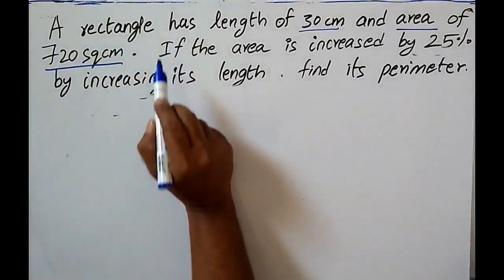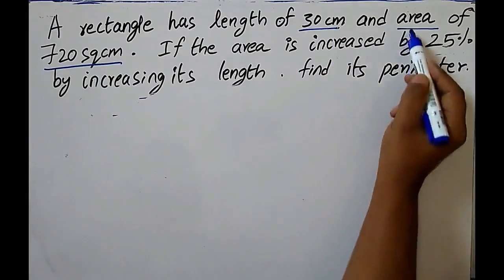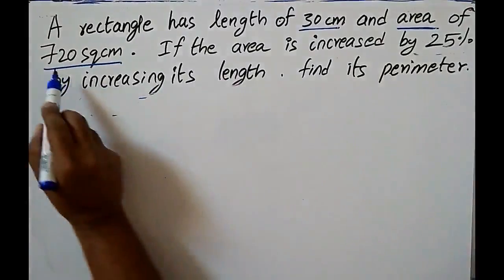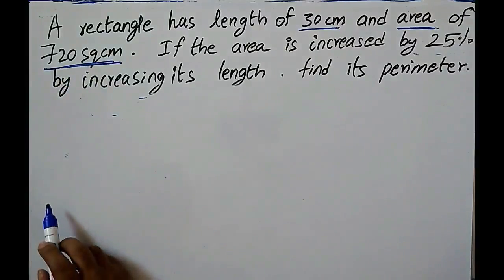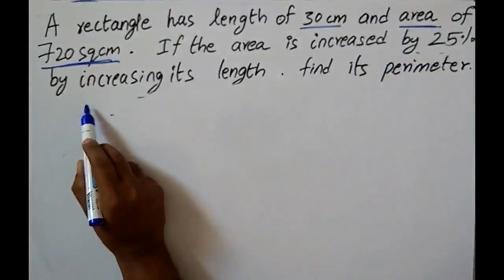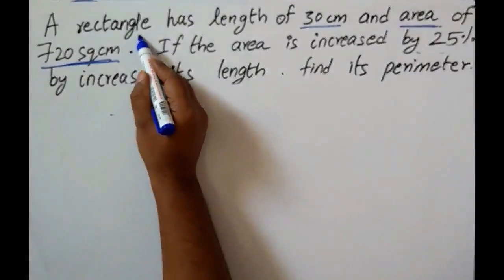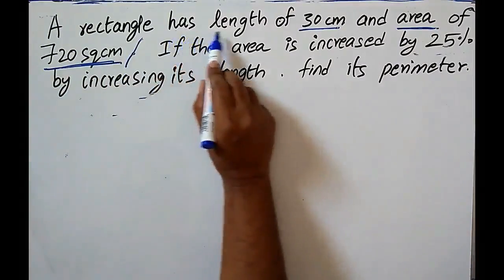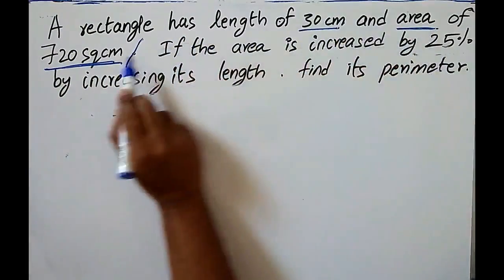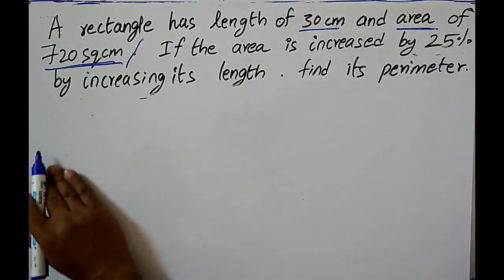A rectangle has a length of 30 centimeters and an area of 720 square centimeters. If the area is increased by 25% by increasing its length, find its perimeter. We will take the first part. A rectangle has a length of 30 centimeters and an area of 720 square centimeters. We don't have the idea of the breadth.